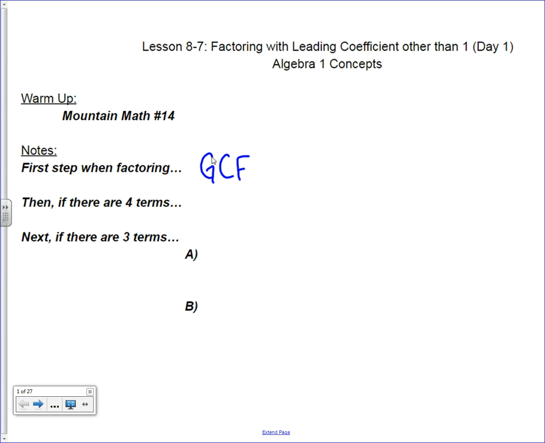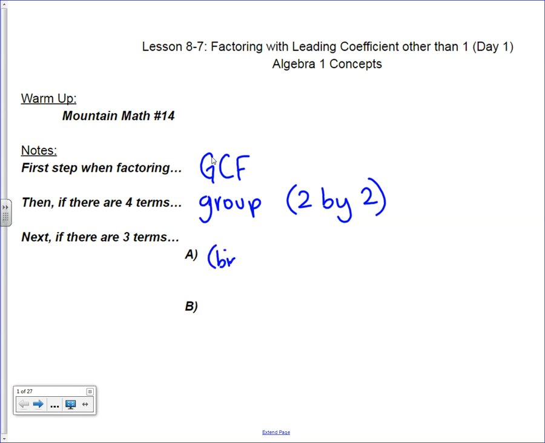Good? Then if there's 4 terms, I taught you to do a specific type of grouping. If there's 4 terms, we group them 2 by 2. Does that ring a bell to you? Yes, it should. Then, if there's 3 terms, this is where you come in, Tyler.